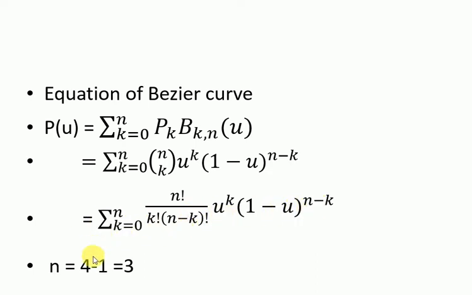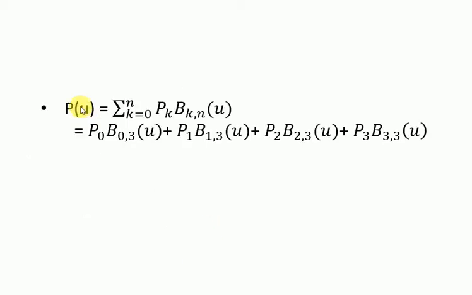Okay, so now n is equal to 3. It starts with P0 B0,3 of u, P1 B1,3 of u, P2 B2,3 of u, and P3 B3,3 of u.